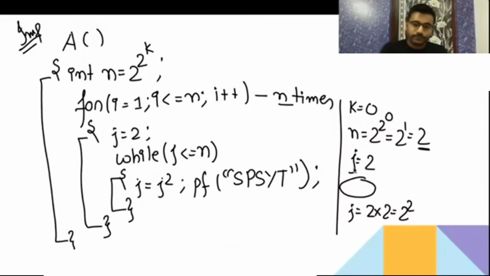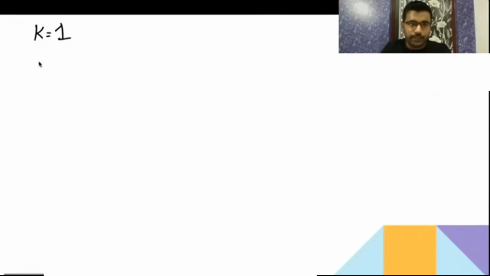Okay, now take another value. What Chandra is saying. Yeah, now I will take k equal to 1 also, I will go step by step. Now take k equal to 1, then n is going to be, now I will see the code from my notebook, you will also refer to your notebook.